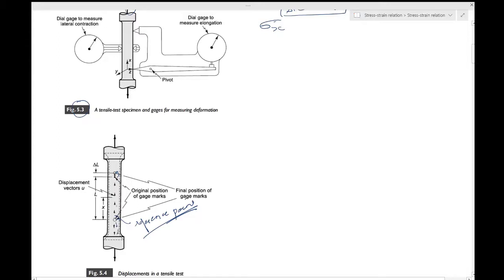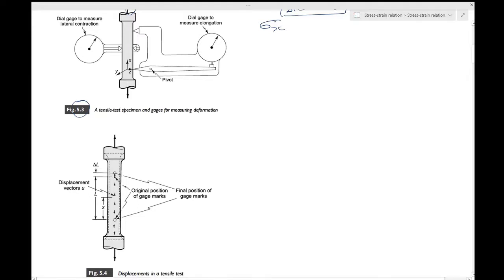All the points above this will move upwards. This is a general behavior which you would see. The point is that all of the points will get displaced. This is an indication of how the displacements of the points will happen, and you consider only 2 points, so the gauge marks are made over here.